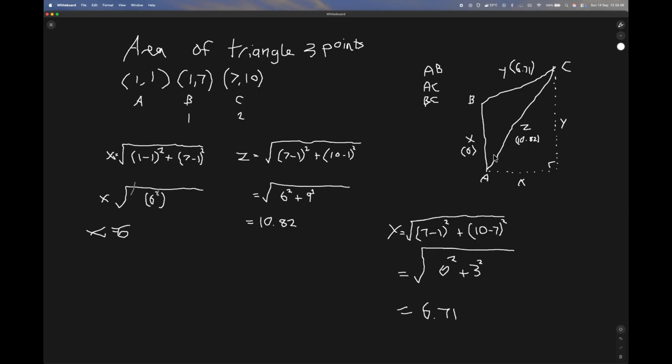I suggest we do this one here, and we use inverse tan. We find the gradient of this line and we use inverse tan of that gradient, and we see what degrees we end up with. So I'm going to rub out all this and then we'll get working on that.